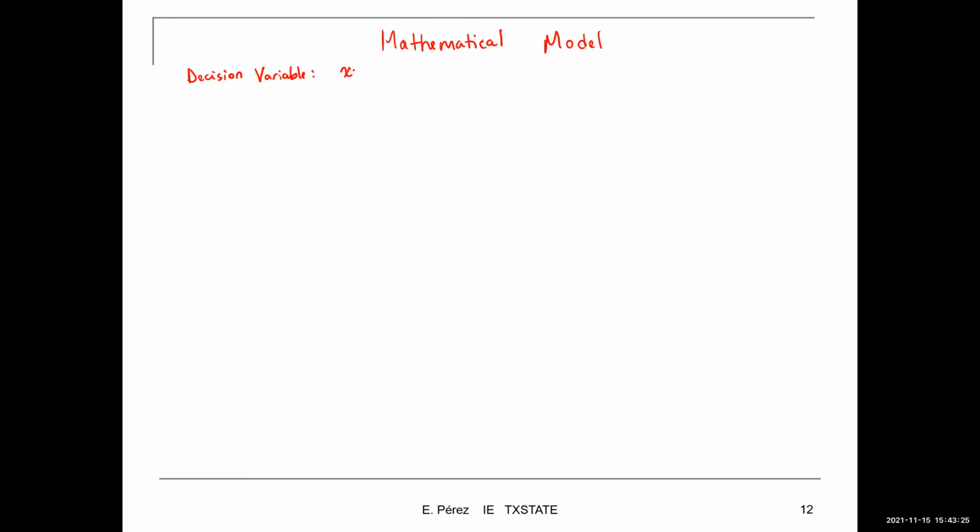The decision variable is going to be named in terms of J and K. Those are the indexes. And this is going to be equal to 1 if product J is assigned to location K.